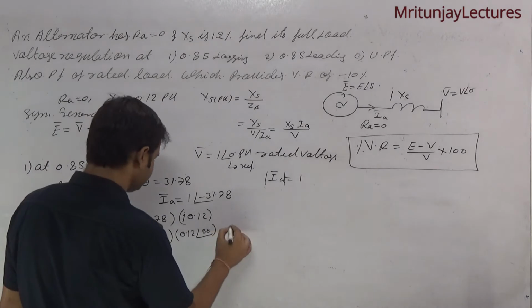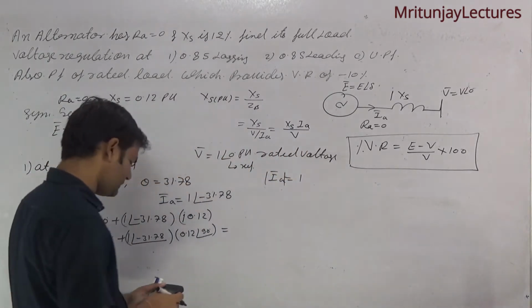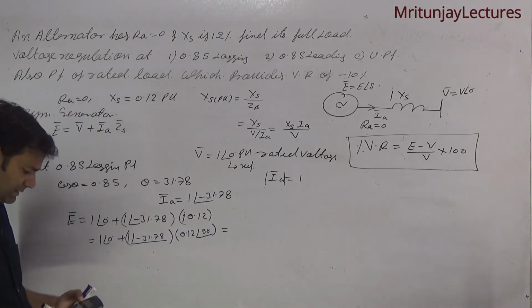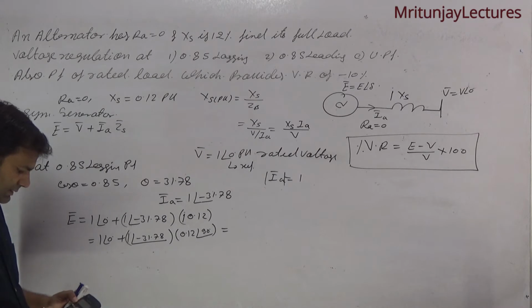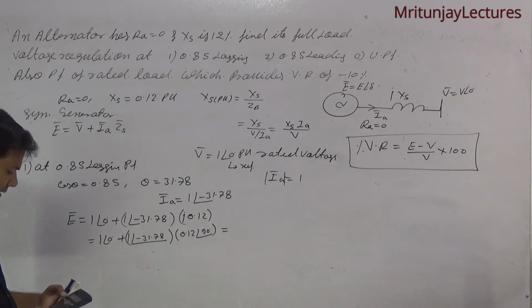So finally, with the help of a calculator, 1 at the angle minus 31.78 into 0.12 at the angle 90 degrees is written like this.